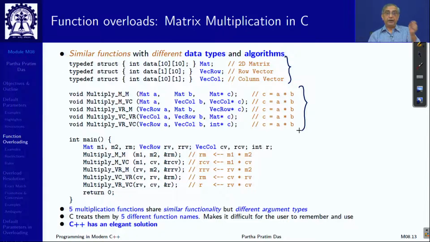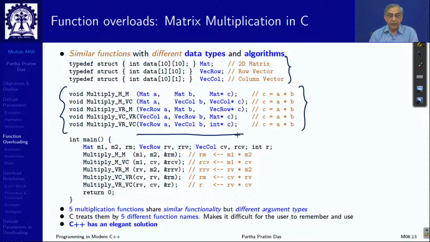I can multiply a matrix with a matrix, a matrix with a column vector, a row vector with a matrix, a column vector with a row vector, which will give me a matrix, or a row vector with a column vector, which is basically a dot product and will give me a value. Right? So, you can check the types of parameters being passed.